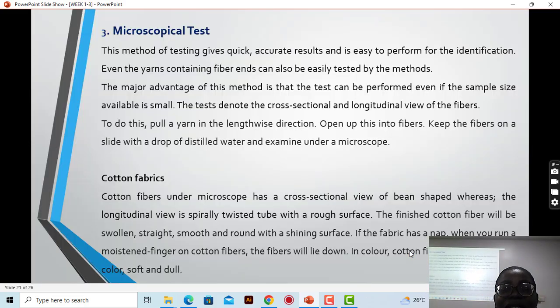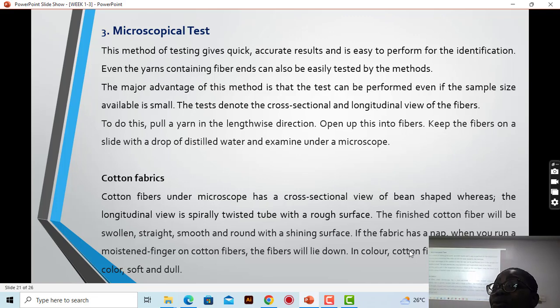Right. So we'll look at the microscopical test. This one is the microscope. Like I said, it is easy. You only view your yarns and fibers with a microscope. But with a microscope test, it's normally advised that when you remove the yarns, you try and spread them.